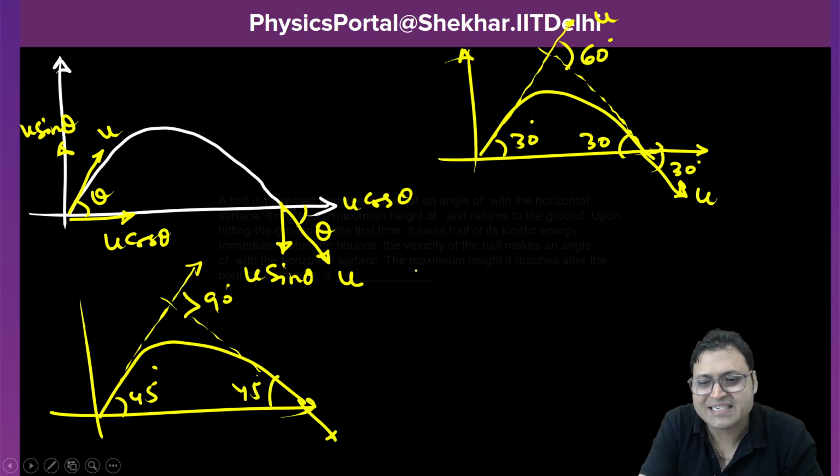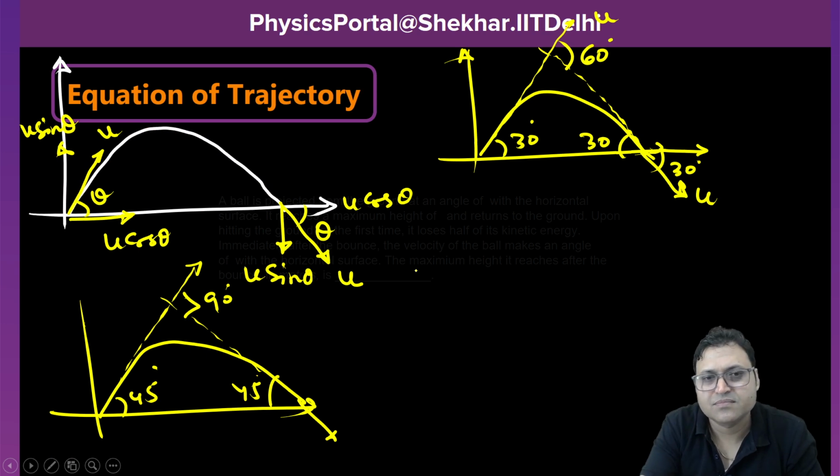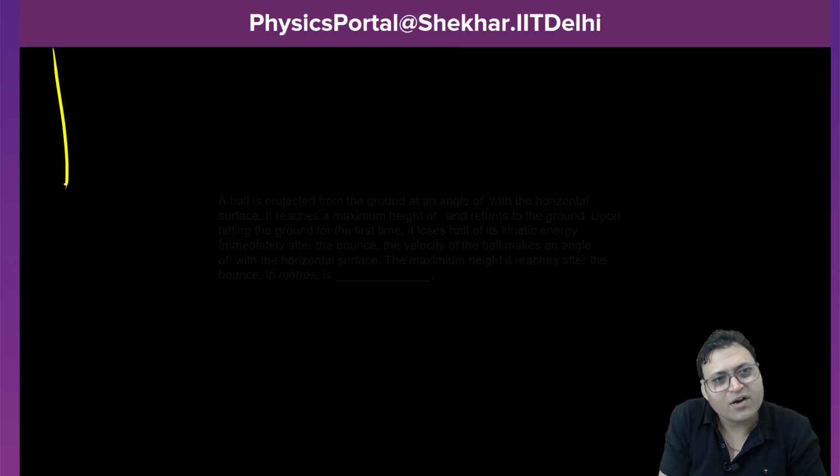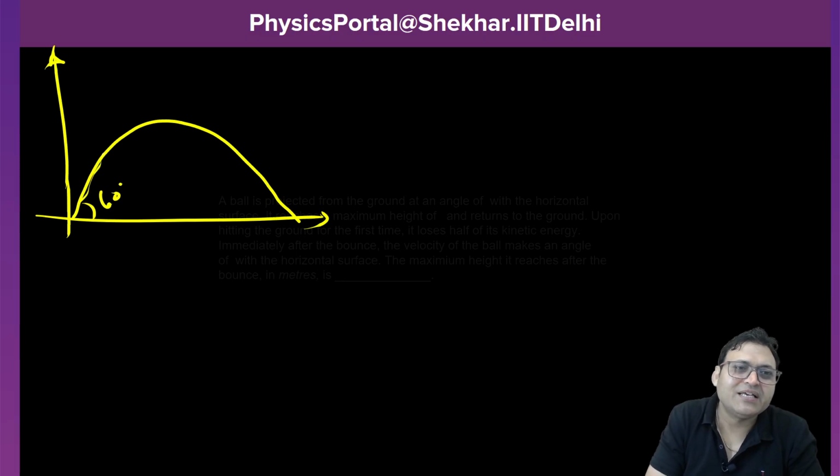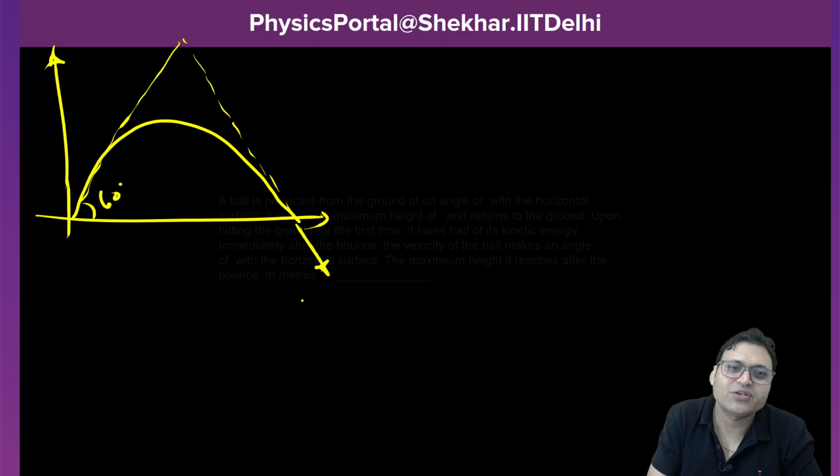For angle 60 degree, let us say, if this angle is 60 degree, this angle will also be 60 degree. This is u. This angle will also be 60 degree. So this angle is 120 degree.